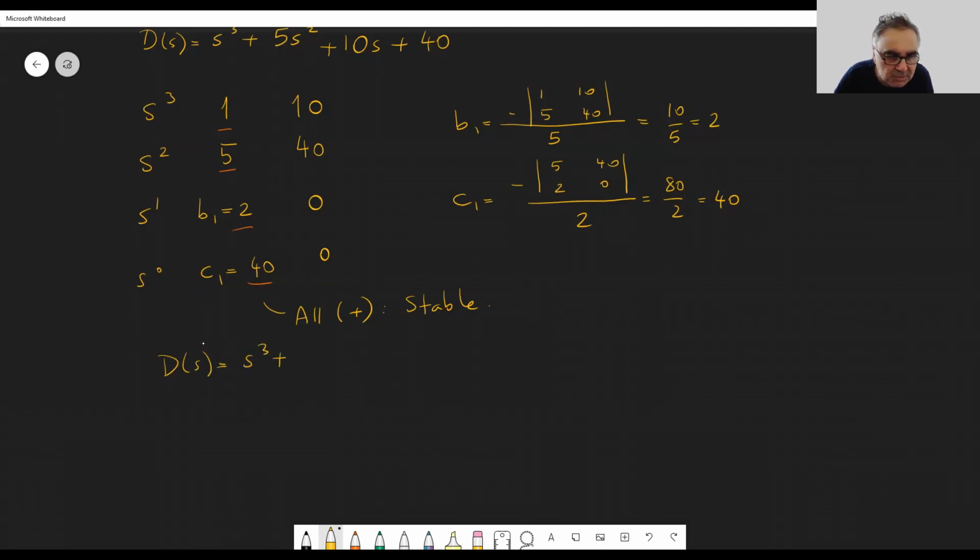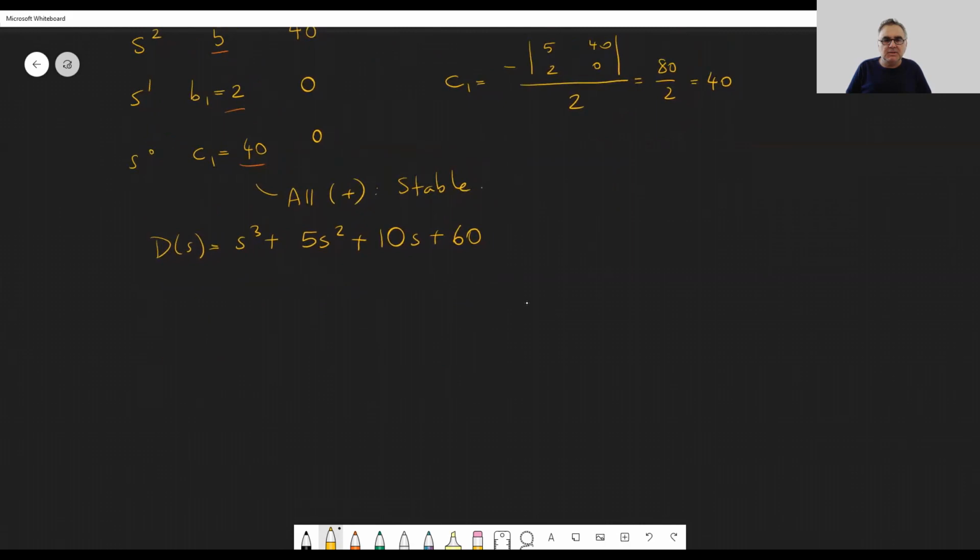S cubed plus 5s squared plus 10s plus, instead of 40, now it is 60. Okay, the same thing: s cubed, s squared, s to the 1, s to the 0. So we have 1 and 10, 5 and 60, B1 and C1. These are zeros, we know this.